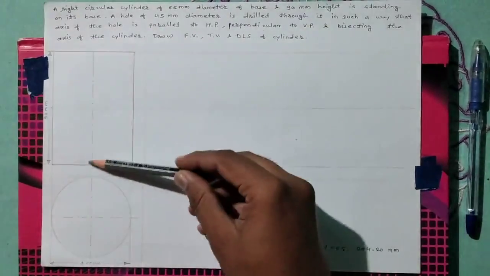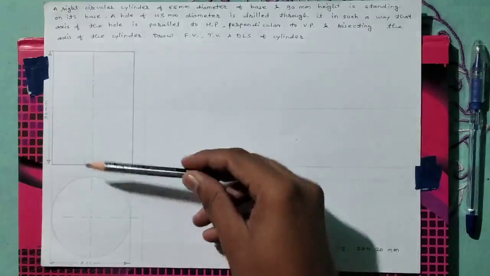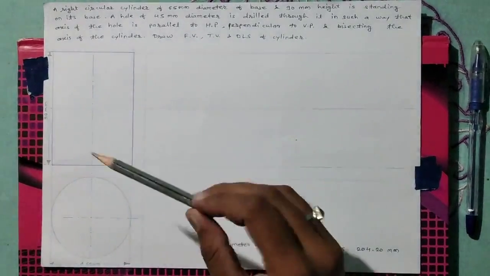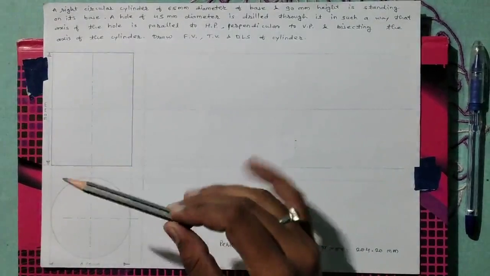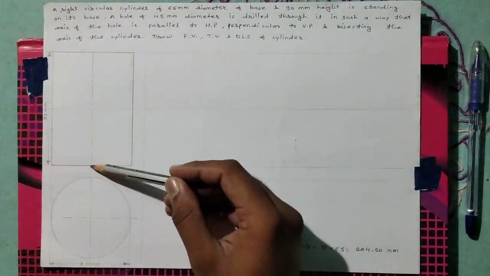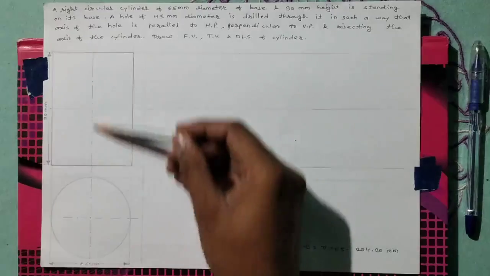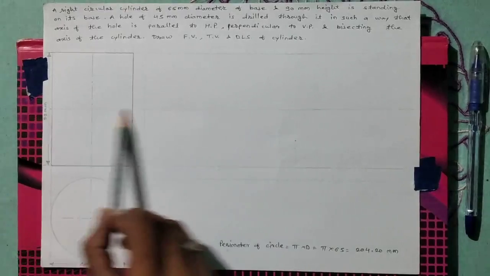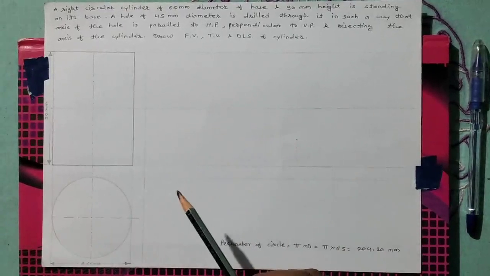The height of the cylinder is 90 mm, so after bisecting the axis, this distance will be 45 mm, and on the 45 mm distance draw this horizontal reference line.